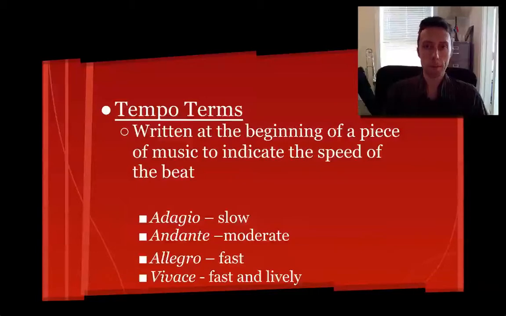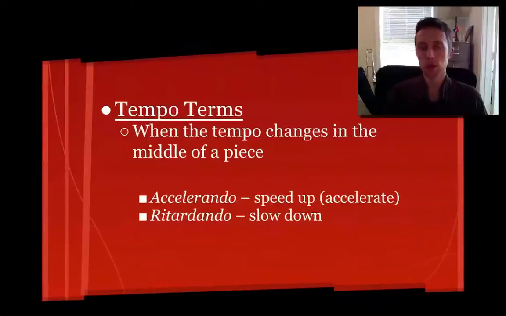And then there are a couple of terms that I want you to know also, for when a composer wants to change the tempo in the middle of the piece. Let's say they want to start the piece off slow. Maybe they'd write adagio at the beginning of the piece, but then they want it to gradually get faster. So it's not going to be steady. They would write accelerando, which just means speed up.